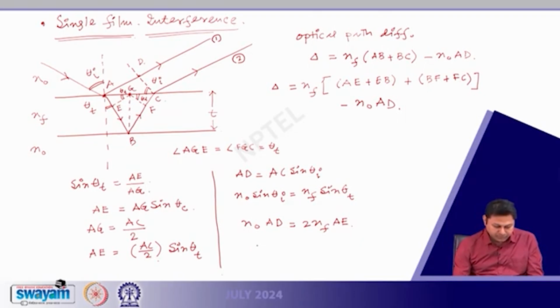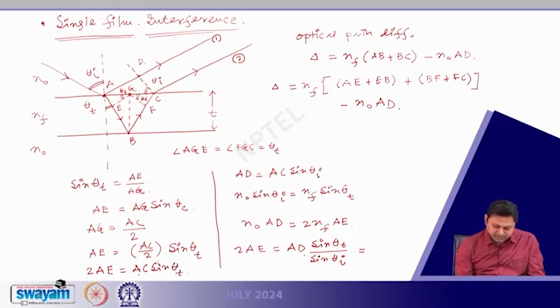So 2 of AE from this equation, I get this is equal to AD sin of theta t divided by sin of theta I. AD divided by sin of theta I is AC, and so here I have 2 of AE is equal to AC of sin of theta t.